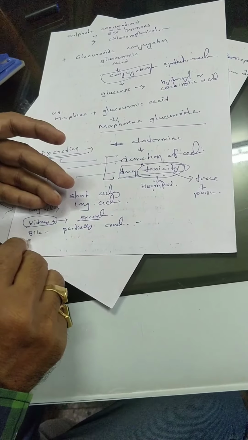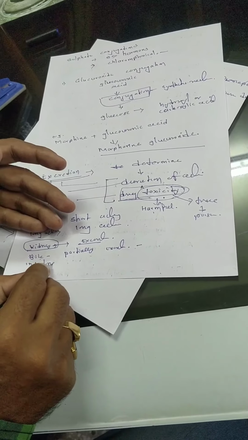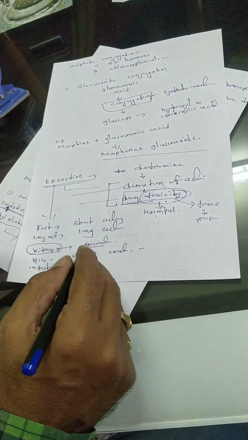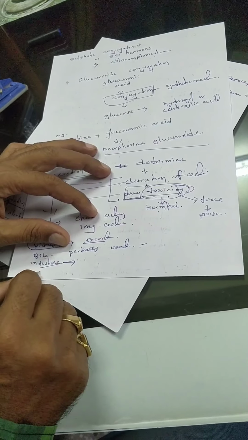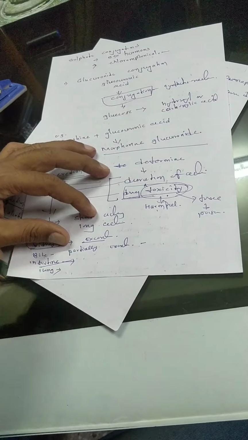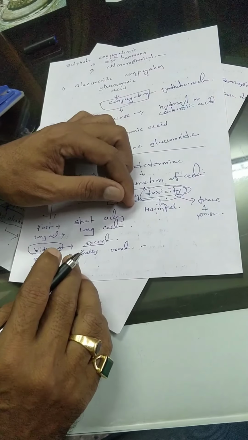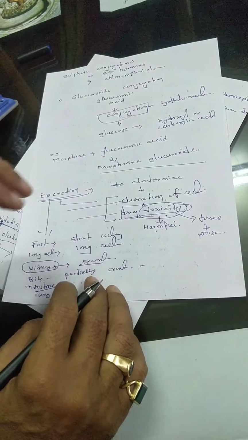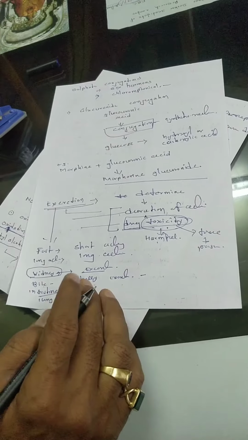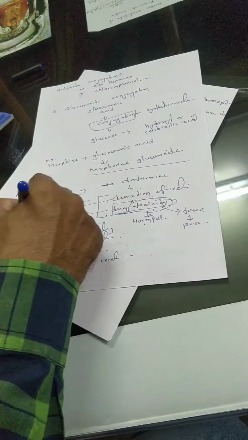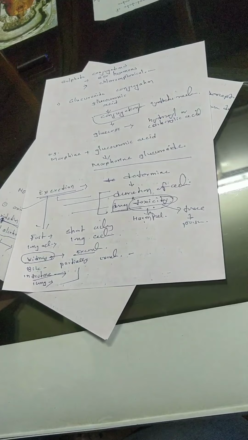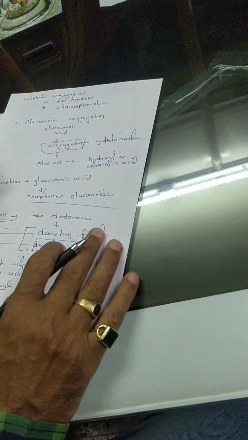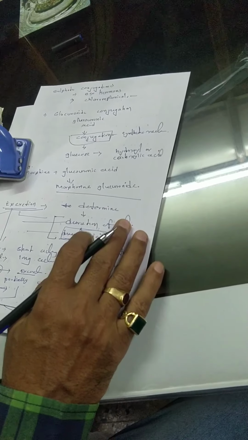Another is the intestine, through the feces and dissolved unwanted matter. Lungs: volatile oil and volatile anesthetics are excreted through the lungs, and others. These are the excretory organs. Okay, this chapter is completed. Next time you will see the new chapter, mechanism of drug action. Thank you.